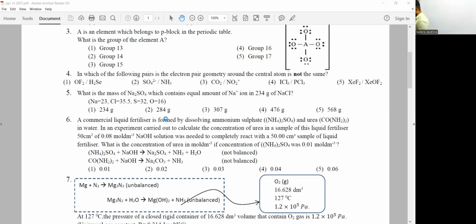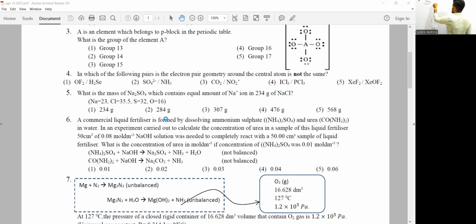What is the mass of Na2SO4 which contains an equal amount of sodium ions as in 234 grams of sodium chloride? Okay, so from sodium chloride you have 234 grams.